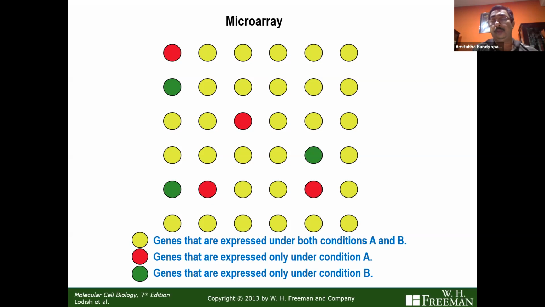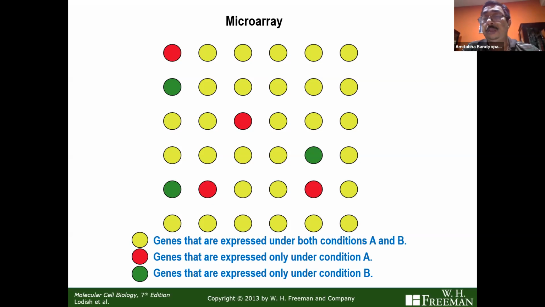So this is how you replace condition A or B with presence and absence of sucrose. You get to know which are the genes, all these green ones, that are expressed only when sucrose is there, and the ones in red that are normally expressed in presence of glucose but downregulated in presence of sucrose.